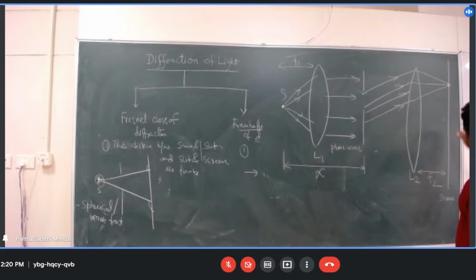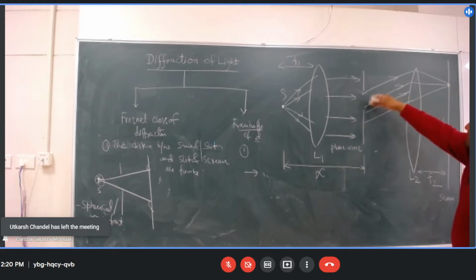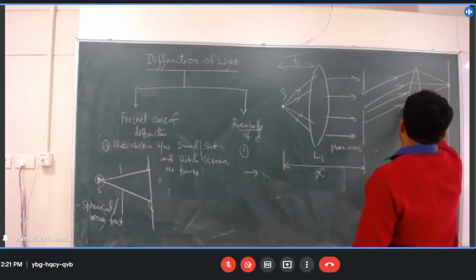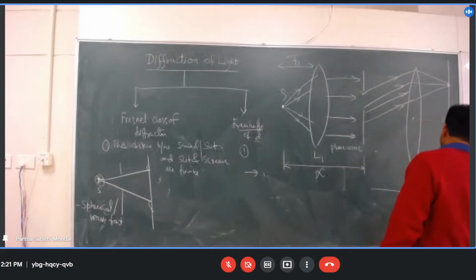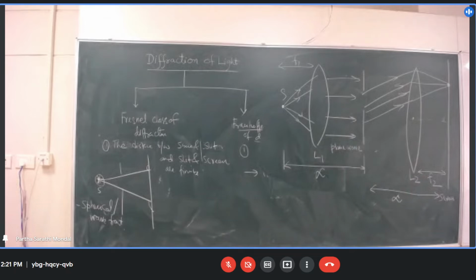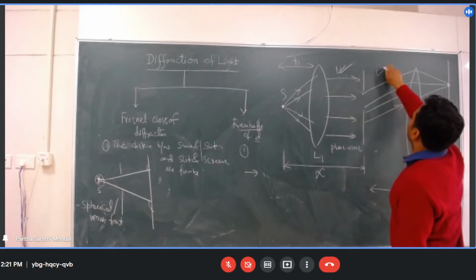The screen is situated at the focal point, perpendicular to the optical axis of the lens, so the screen itself is the focal plane. So effectively you can say the distance between slit and screen is infinite, because it is receiving parallel rays and emitting parallel rays.